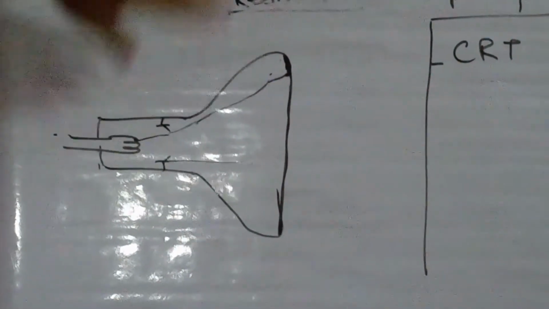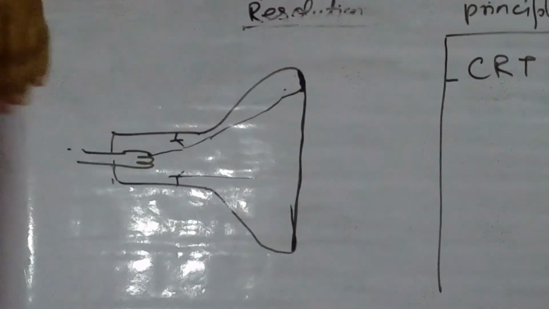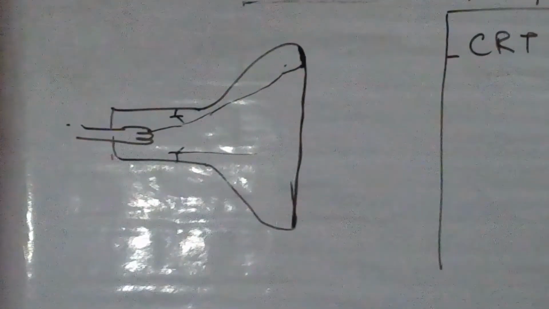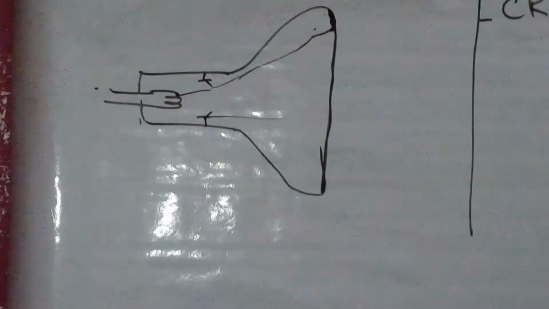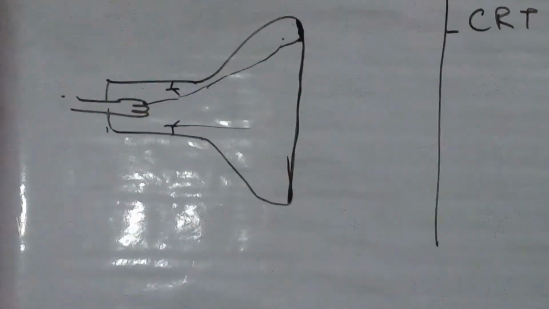When a number of electrons strike the screen, it creates a group of dots or pixels, creating the image or any textual matter on the screen.